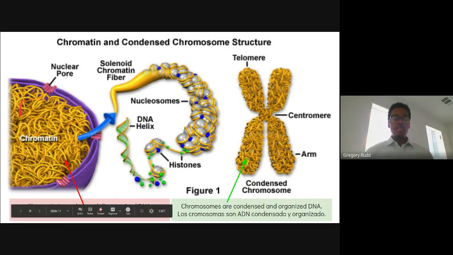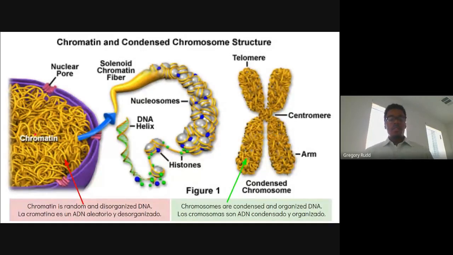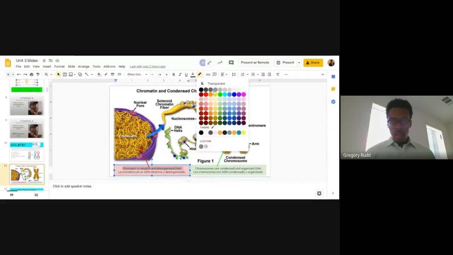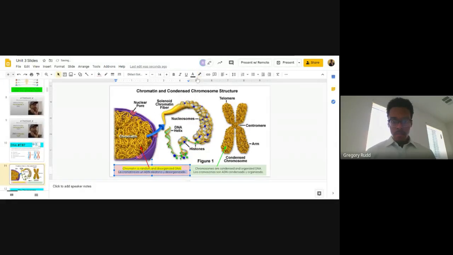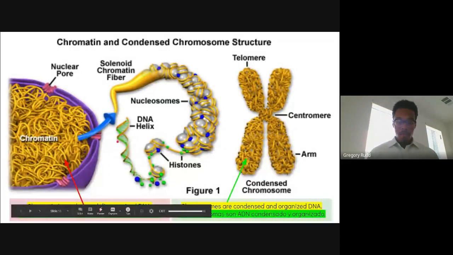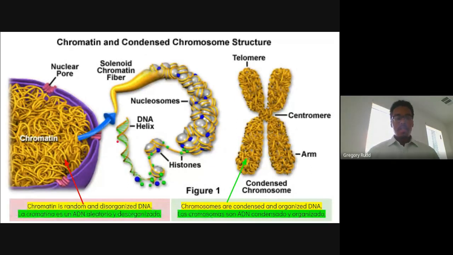So chromatin over here on your left, this might be something that you should write down. In fact, I'm going to highlight it just to make it easier for you. Okay, so chromatin is a picture on the left.